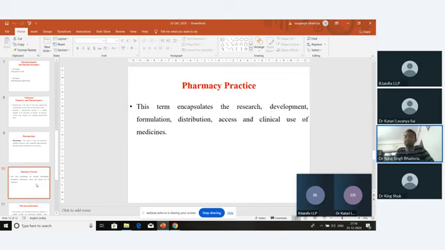अगर हम इसमें चैलेंजेस की बात करें, so when we discover or evolve any new sources through which we prepare the drug or the medicine, this is one kind of pharmacy practice. When we develop or make a specific design or specific methodology in that particular development or making the formulation in that particular medicine or the drug substances, this is another criteria in pharmacy practice.